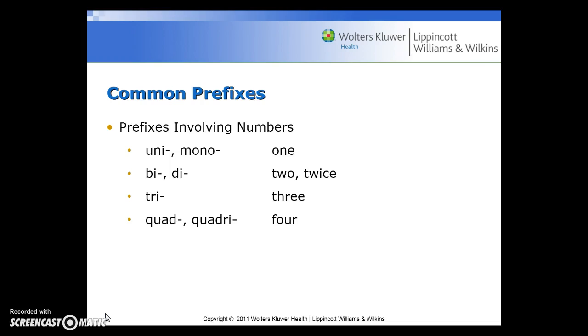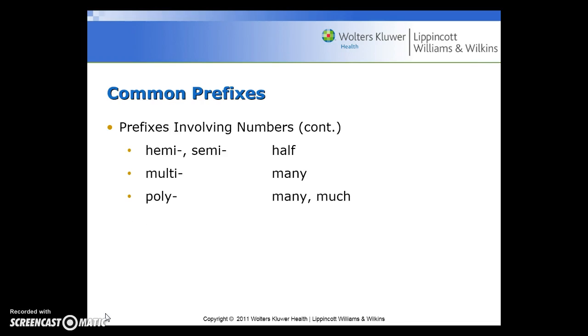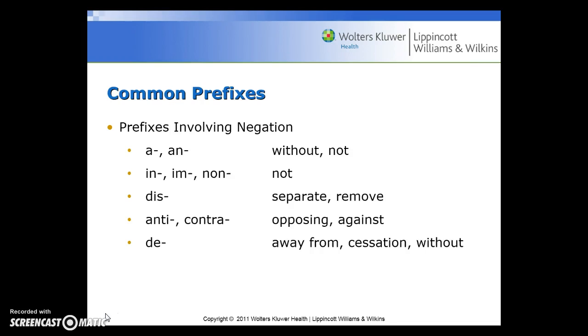Common prefixes that you need to know involving numbers: uni and mono for one, bi and di for two or twice, tri for three, quad or quadra for four, hemi and semi for half, multi for many, poly for many and much.